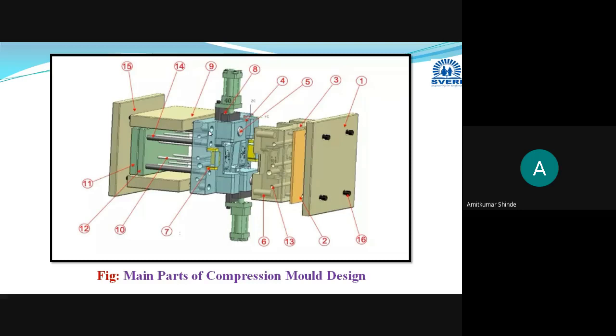That is the function of this core plate, and this is the cavity plate. This cavity plate will create the cavity of the desired shape and size, and it will allow the entrance of the material into the cavity.